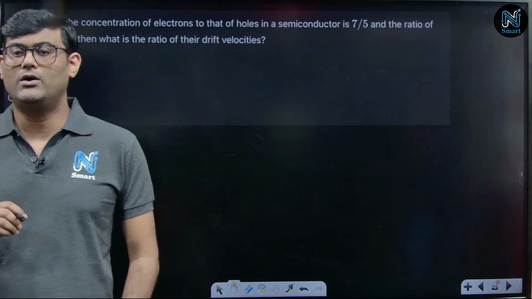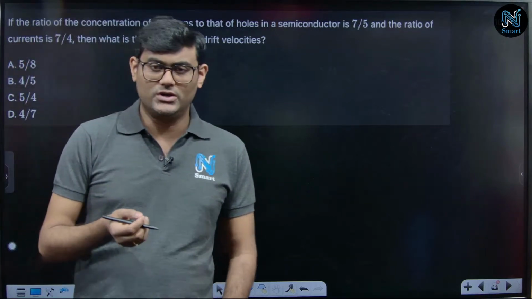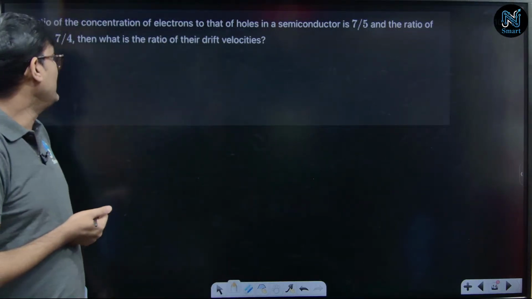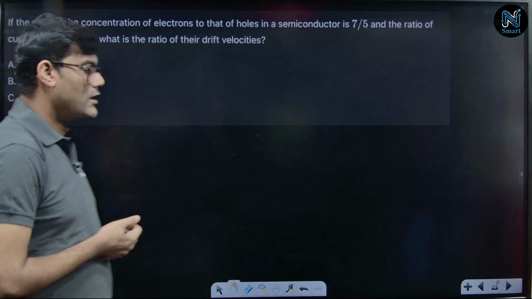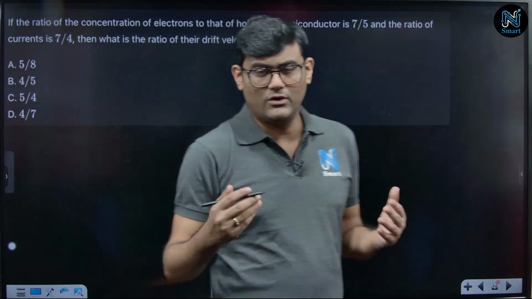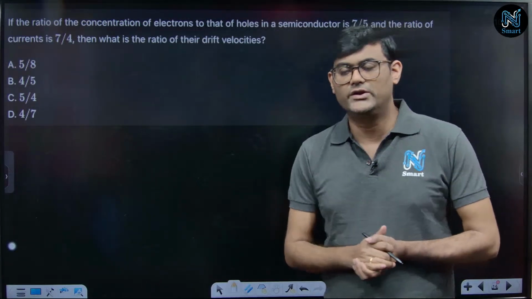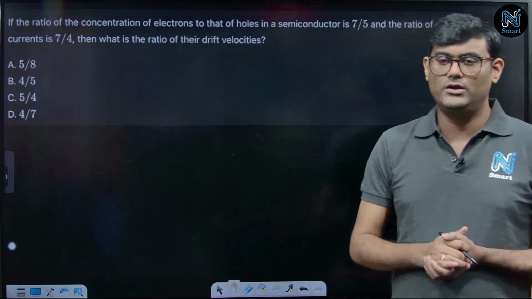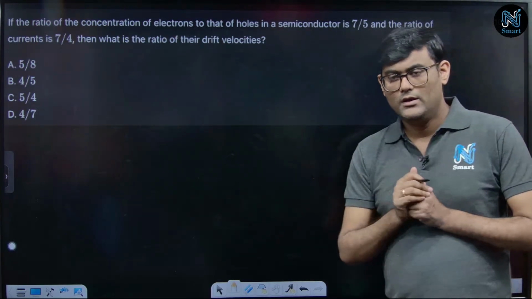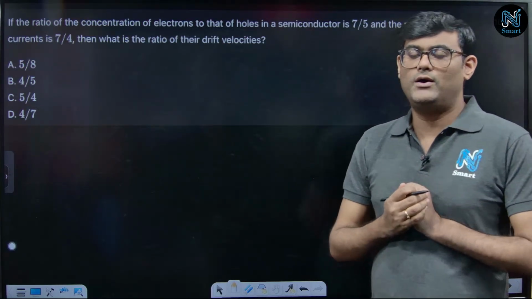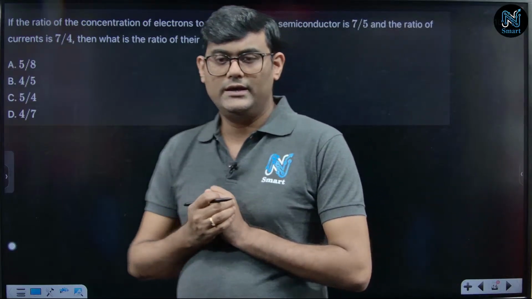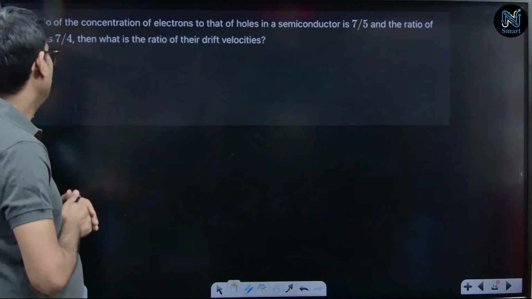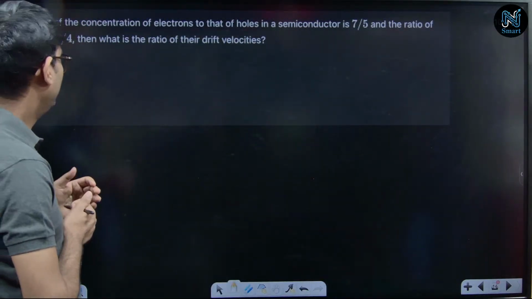It is talking about the current due to the electrons and current due to the holes, that is the ratio of the currents. Whereas the concentration of electrons and concentration of the holes are already given in your question. They are asking you about their drift velocities. What is the ratio of their drift velocities?